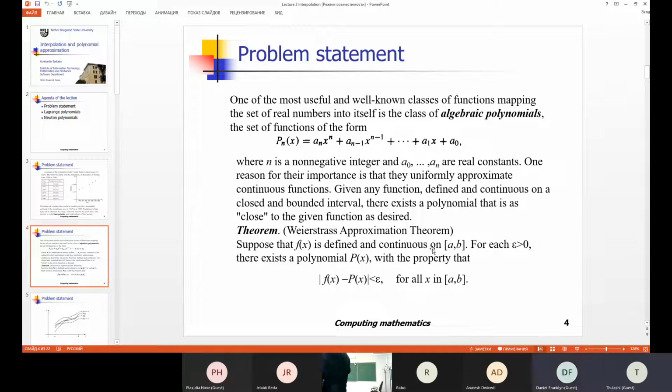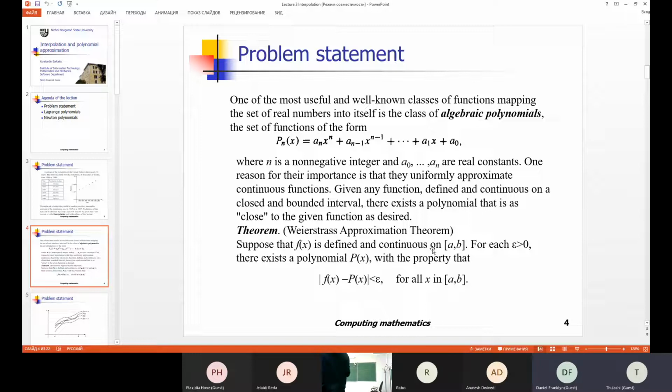Now, how many coefficients are there in this formula? Two coefficients. What coefficients? A1 and A0.